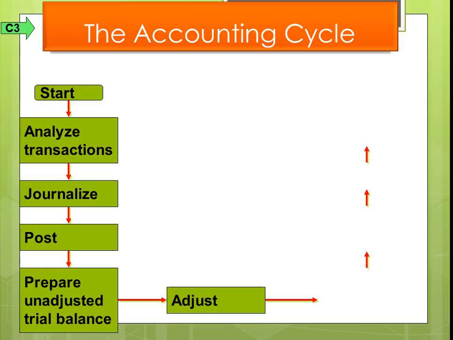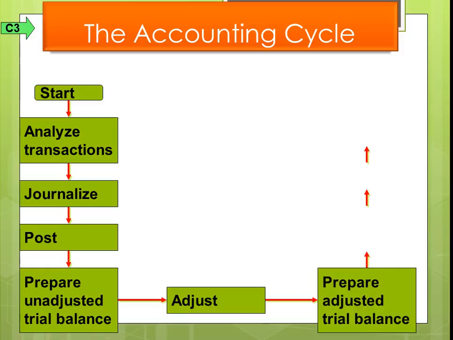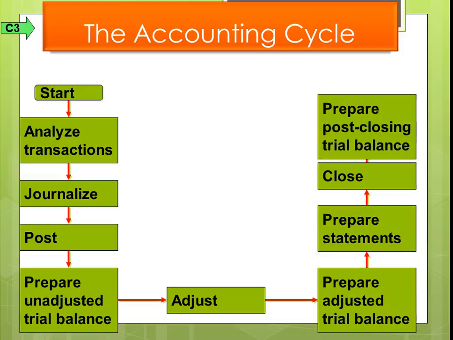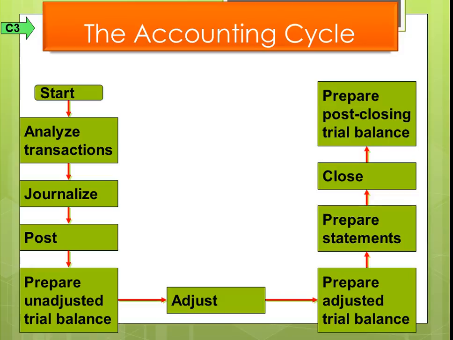We're then going to do adjusting entries to make sure we've recorded all of the revenue and all of the expenses. And then we're going to prepare an adjusted trial balance, which we're going to use to prepare our financial statements. At year end, we're going to take one more step, and we're going to do closing entries. And once we've done that, we're going to prepare a post-closing trial balance, which should only include permanent accounts.